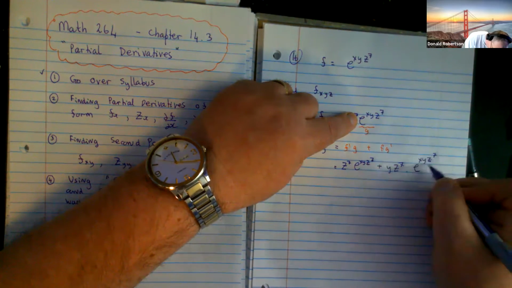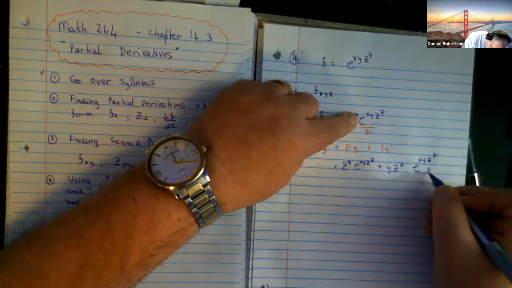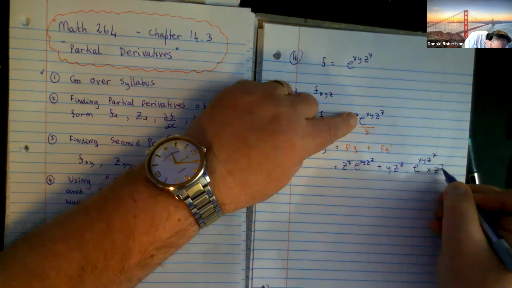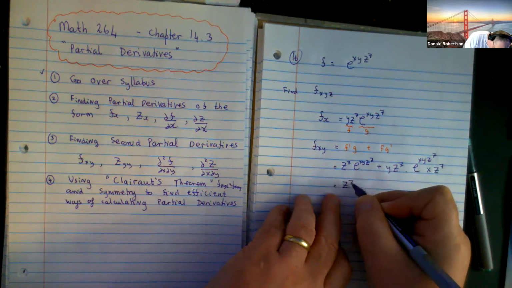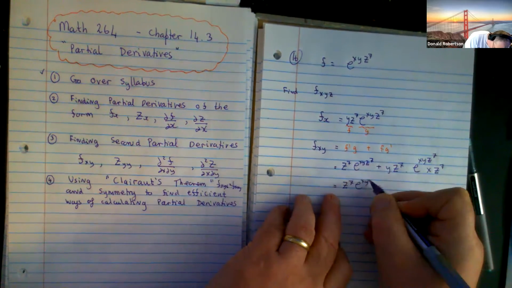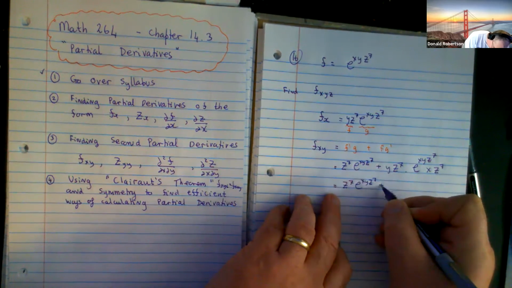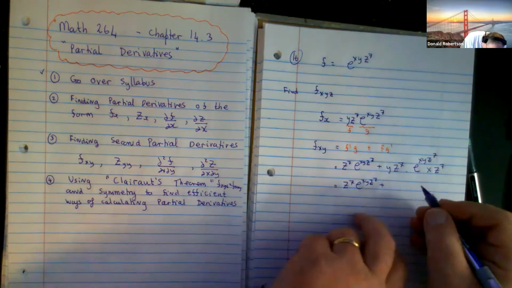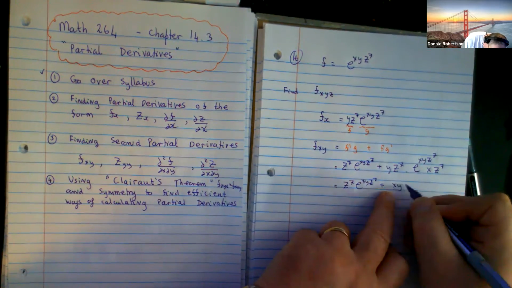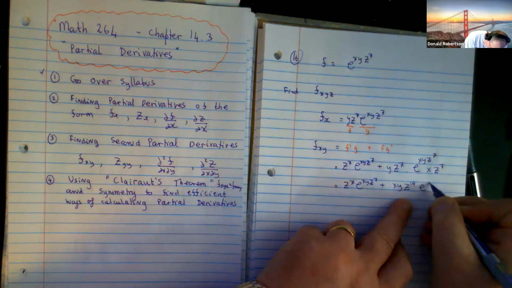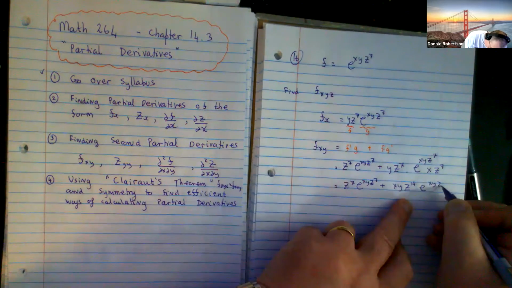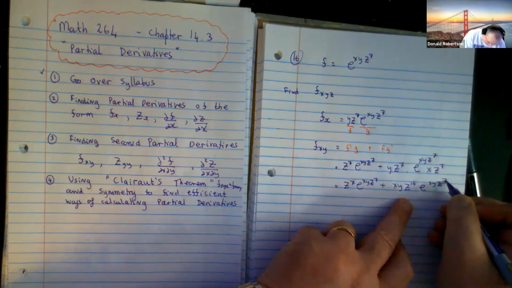So with respect to y, the derivative of that is xz to the 7. So I now have this fella plus that times that, yikes, plus an x y z to the 14, e to the power of xyz to the 7.